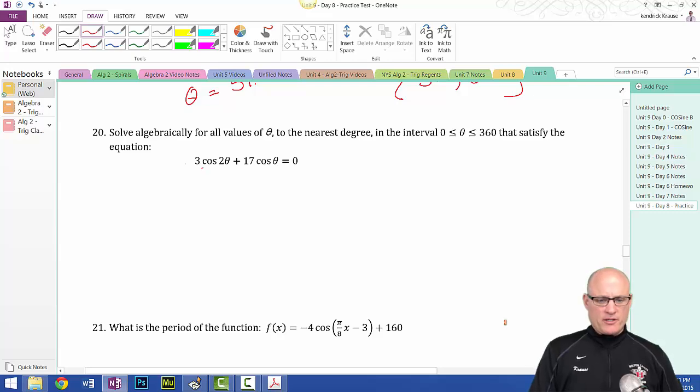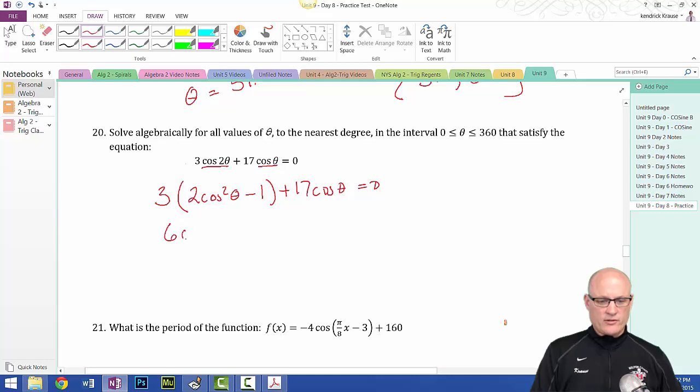All right, so I got to replace this cosine 2 theta. I'm going to replace it with something that has cosine in it. So it's 3 times (2 cosine squared theta minus 1) plus 17 cosine theta equals 0.